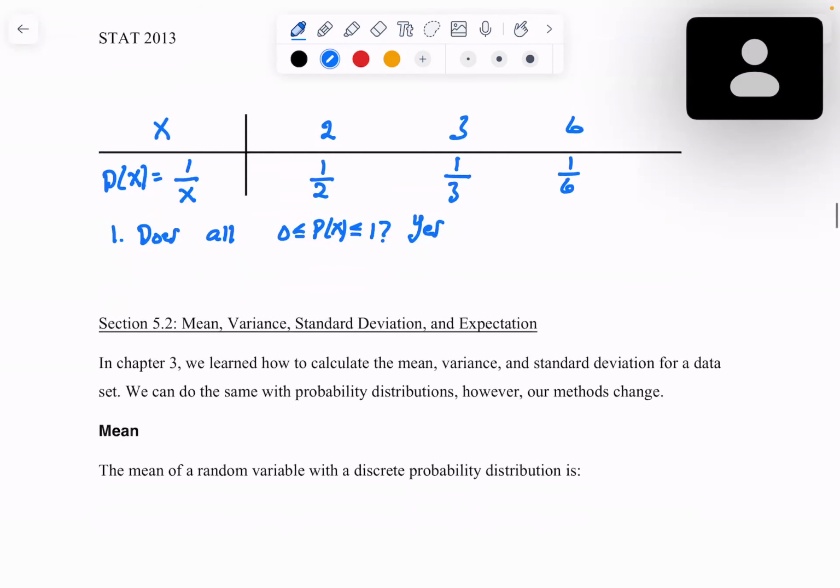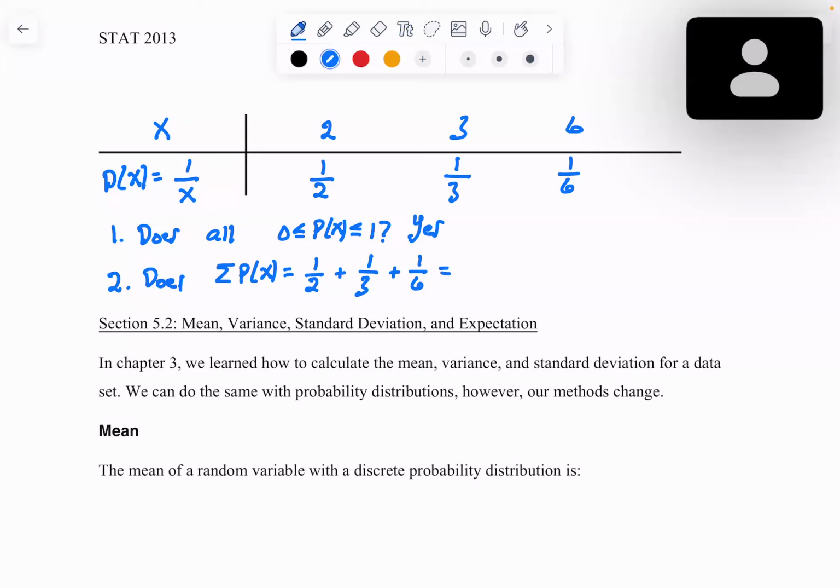Now, the second one. Does the sum of the probabilities equal 1? So I'm going to sum up these probabilities. This is a half plus a third plus a sixth. It doesn't look like it because there are different denominators, but if you find a common denominator and add, let's see what happens.